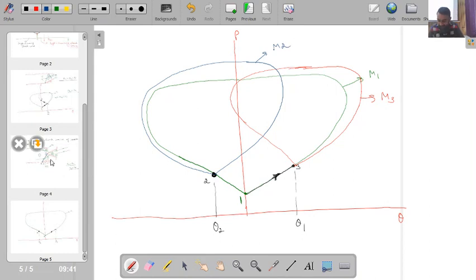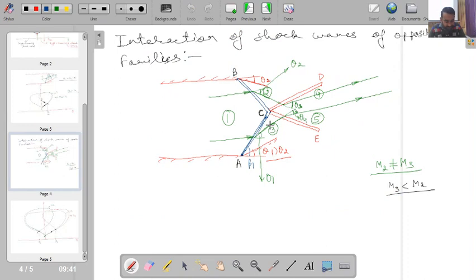Now if you see what is happening, this point 3 is finding a deflection angle towards theta 4, which is slightly bent in which direction? Theta 4. This is the direction and this is the direction. Okay, so this is in anti-clockwise direction.